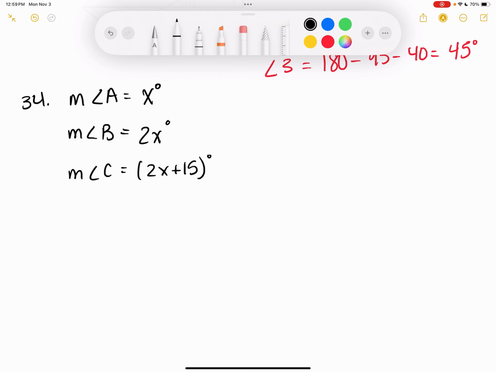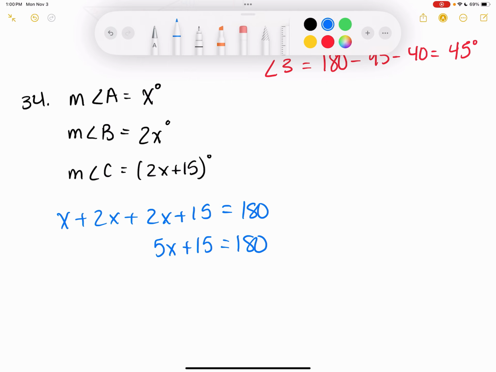All right, so if I know this makes a triangle, what do I know has to be true about these three angles? They have to add up to be 180. So x plus 2x plus 2x plus 15 equals 180. Combine like terms, so I have 5x plus 15 equals 180.